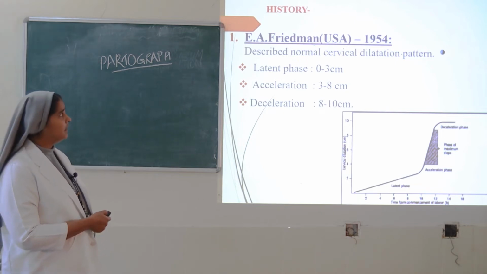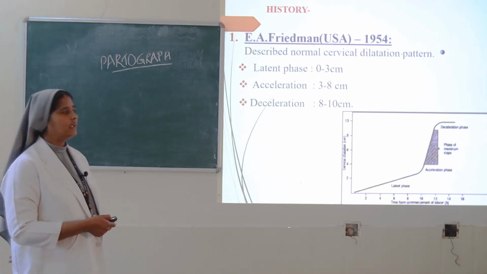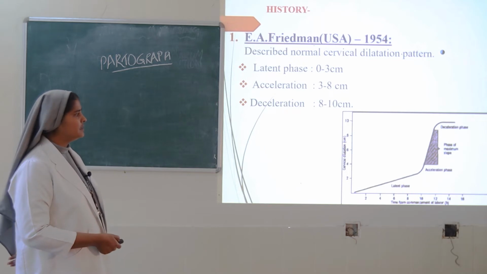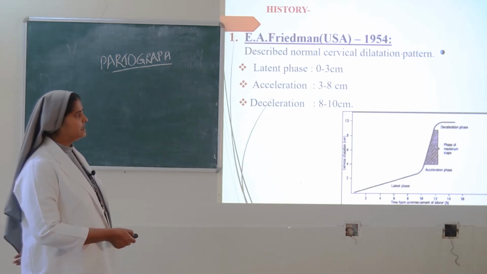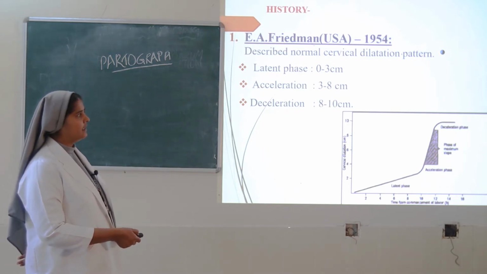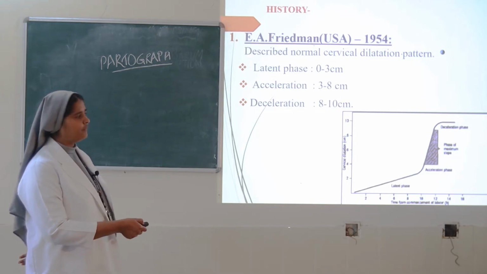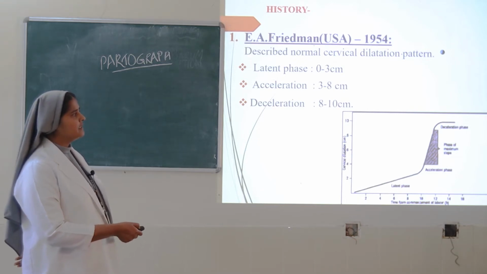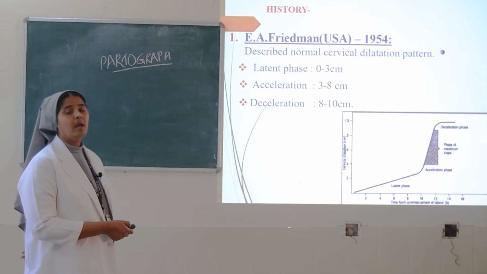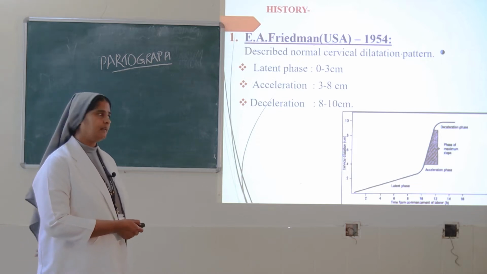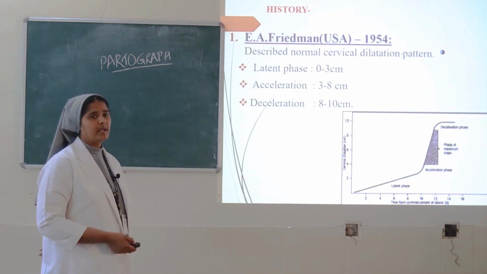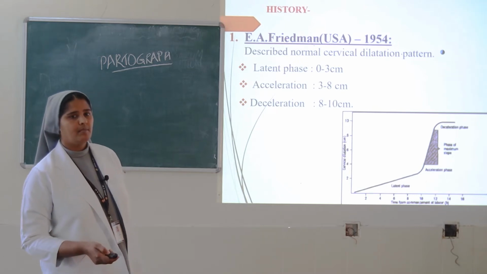So there are 3 stages in the cervical dilatation pattern. In this picture you can see the latent phase, then the acceleration phase, then the deceleration phase. During the acceleration phase there is maximum rate of cervical dilatation. This is what E.A. Friedman explained in his partograph.